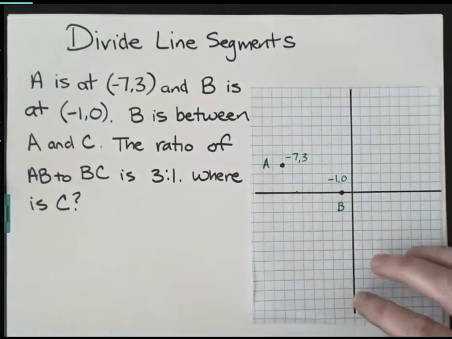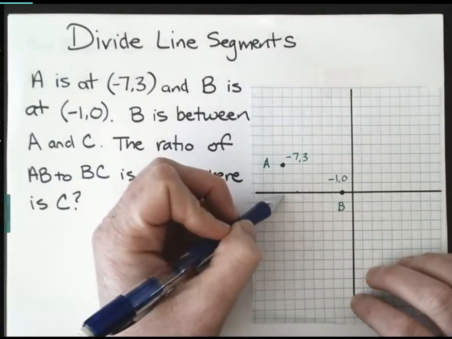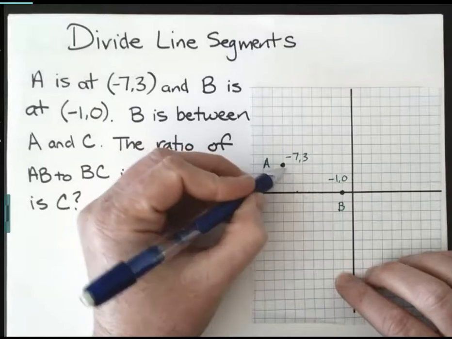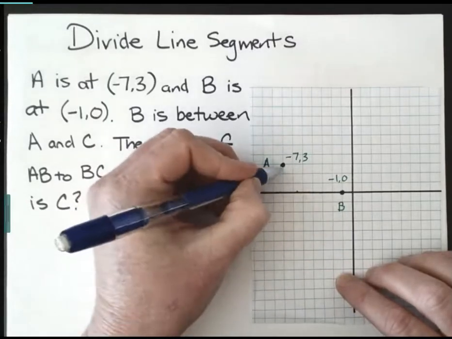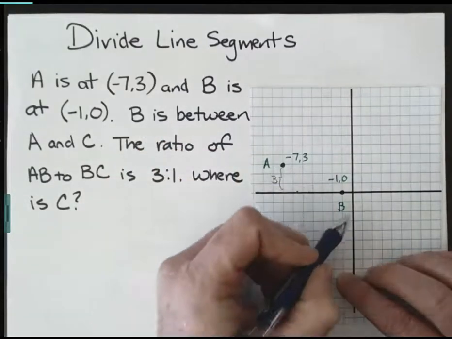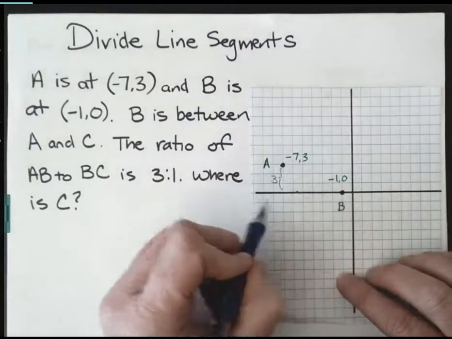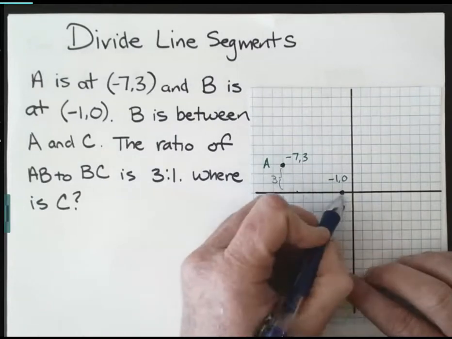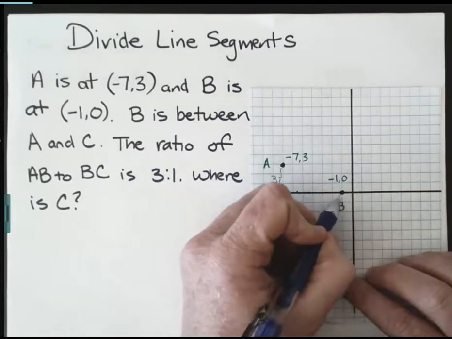So here's what we need to know. We need to know what the vertical displacement is and what the horizontal displacement is. So to go from A to B, I went down 3 units. So to go down to C, if this is 3 to 1, to get to C, I go down only 1 unit.